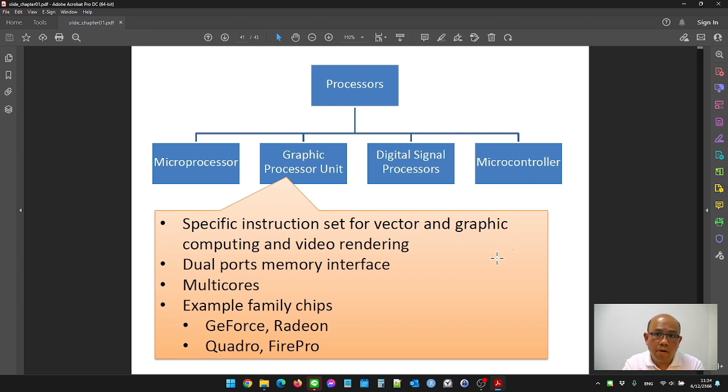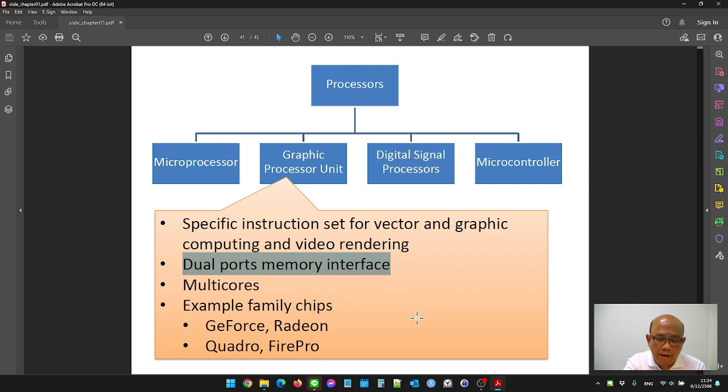That is work for the microprocessor. And the special one is the dual port memory interface. For the GPU graphics processor, a tons of data is transferred from the memory to the GPU. So in the VGA card, or GPU or graphics card, the chip maker designs a special memory.